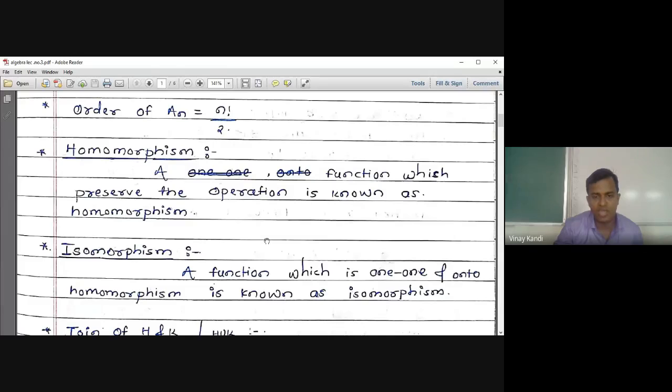It means phi of a star b is equal to phi of a star phi of b.